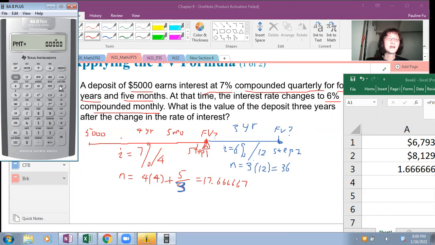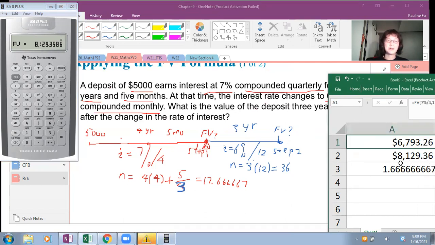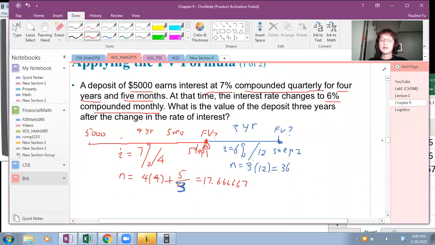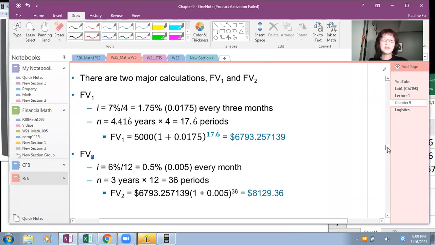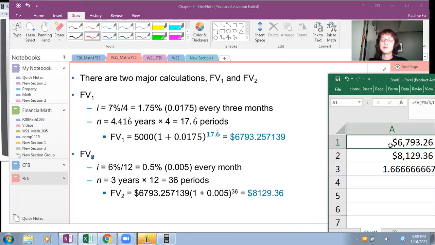Finally, compute FV. Okay, $8,129. Okay, agrees with this number here. And those results agree with the formula result here. If you use the formula, those are the results. See, agrees with this one here. Okay, 2 steps.